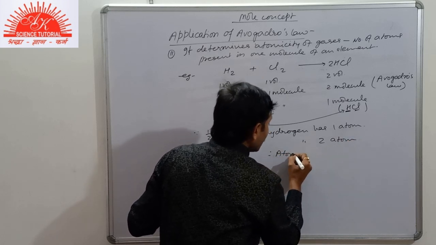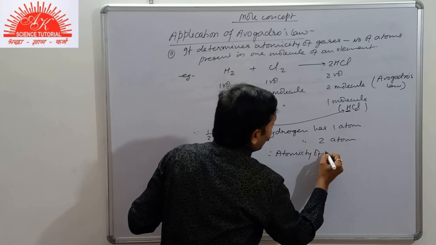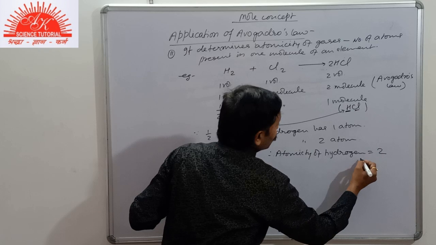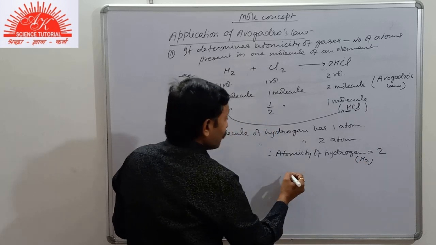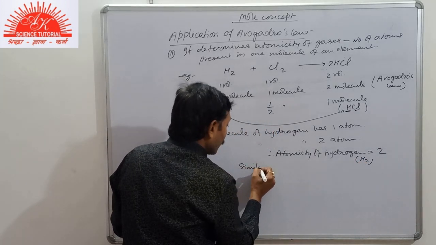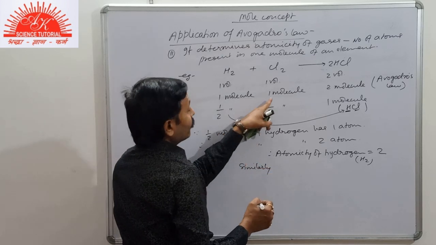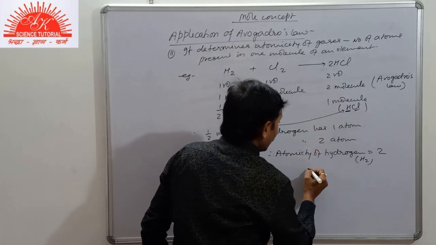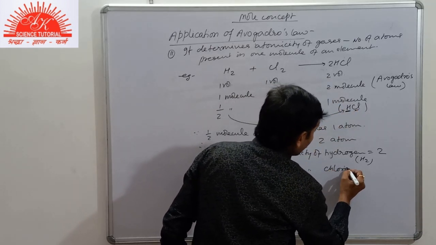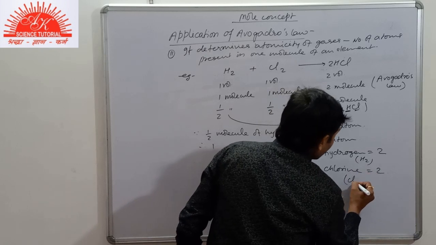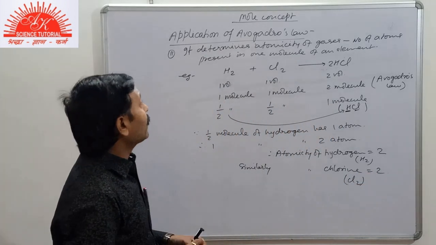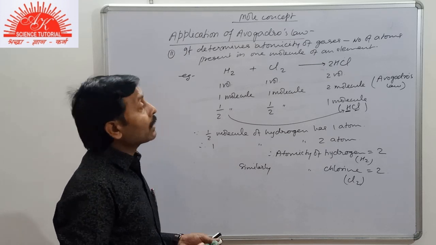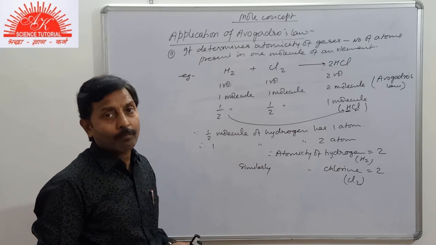Therefore, atomicity of hydrogen is 2, that is, it is H2. Similarly, from this part also, one half molecule of chlorine will give one atom. So, atomicity of chlorine will also be 2, that is Cl2. So we see that Avogadro's law determines the atomicity of gas.